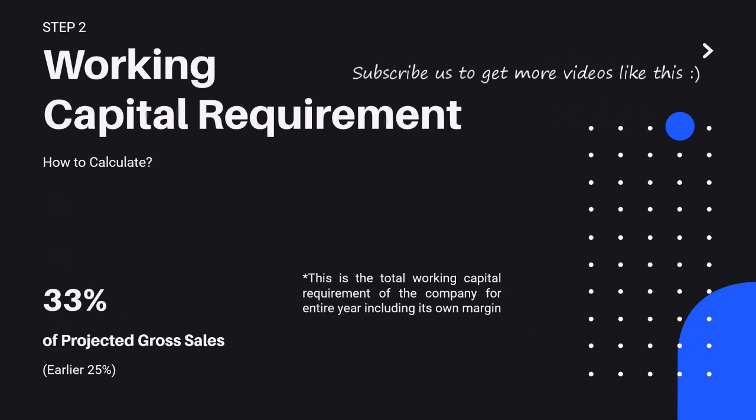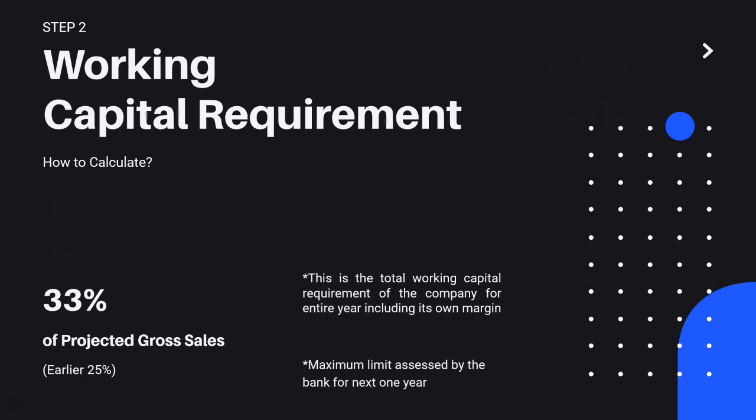Bank will not fund this totally. In order to understand how much we can fund, you have to calculate the margin which is to be subtracted. Please note this is the maximum limit assessed by the bank for the next 1 year. Once it is fixed, it cannot be changed. If you want to change, you have to start the process from the beginning and accord a fresh sanction.